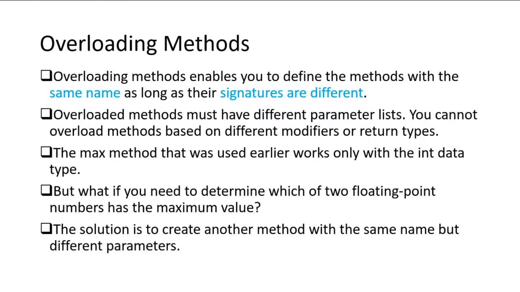So again, overloading a method means using the exact same name for multiple methods. You may want to do this for a case where, for example, you have to write several methods to do possibly very similar things, but with different parameters.